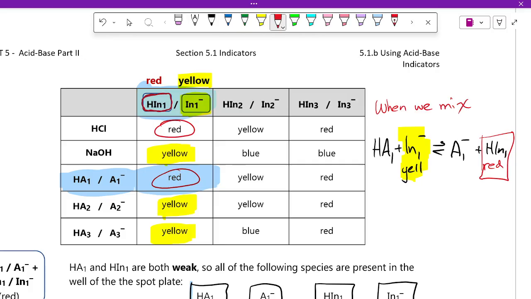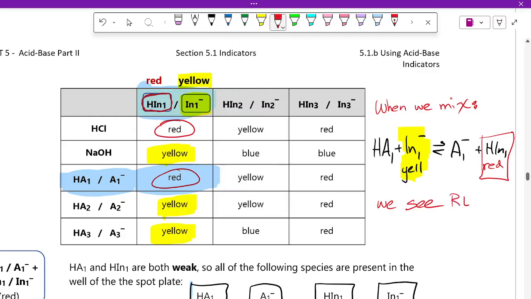Read the table. Tell your partner, what do we see when we mix them together? Is it red or yellow that we see when we mix HIn with HA? We see red.